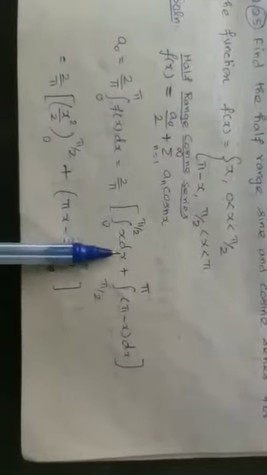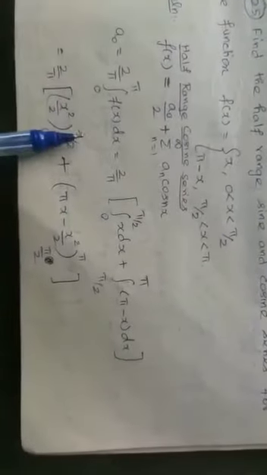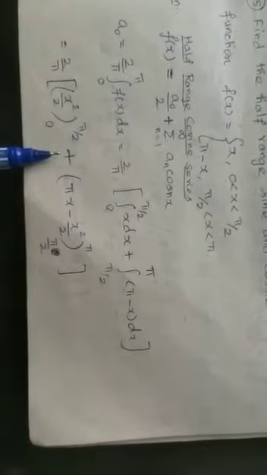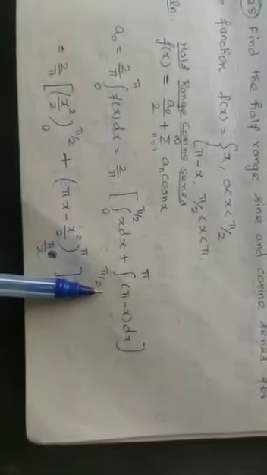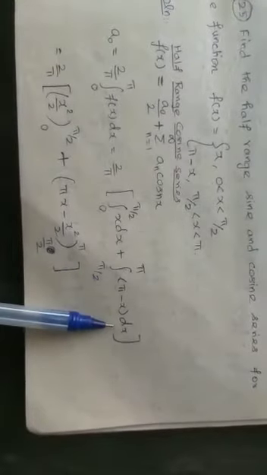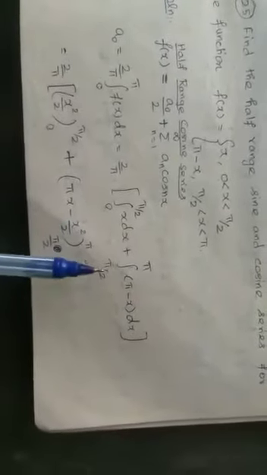First we integrate: integration of x is x square by 2 between the limits 0 to pi by 2, plus integration of pi minus x, that is pi x minus x square by 2, between the limits pi by 2 to pi.